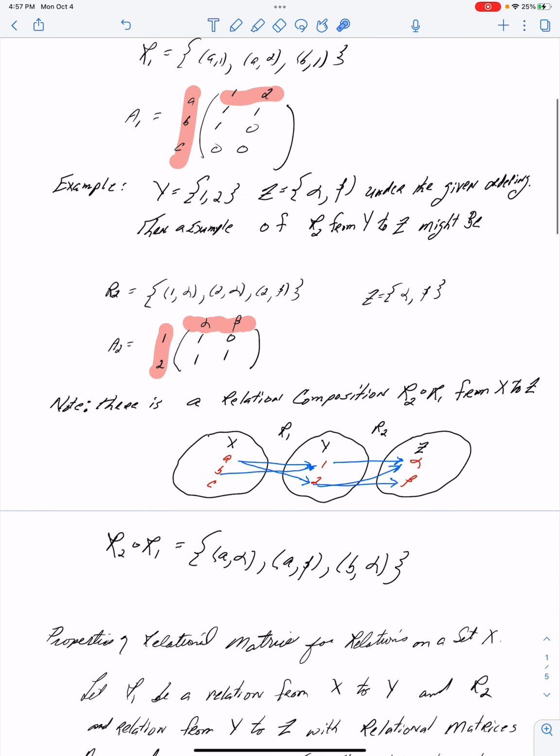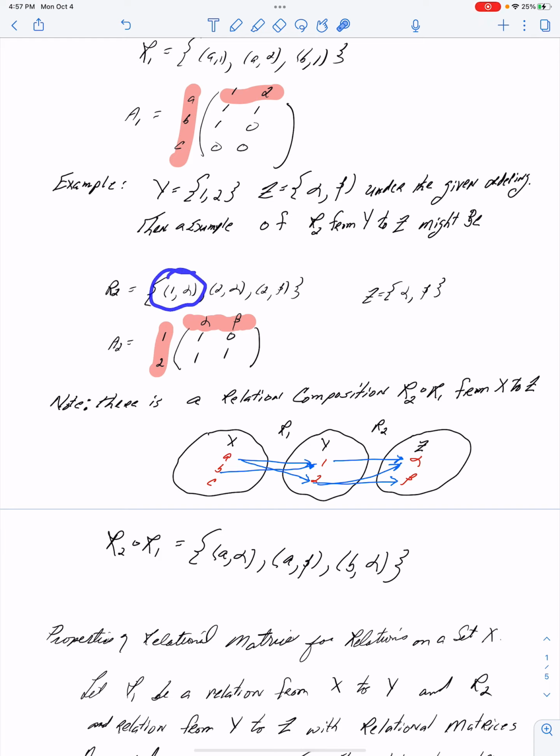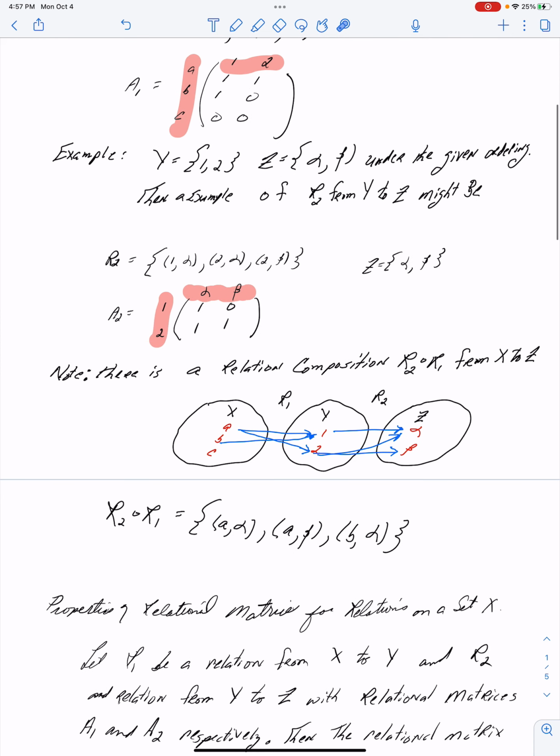And again, if there's an ordered pair in my relation, I put a 1 in the appropriate spot. And if there's not, I put a 0. So you see here, (1, alpha) is in my relation. It's right there. But (1, beta) is not, hence that's got a 0. So that's the way you create relational matrices.